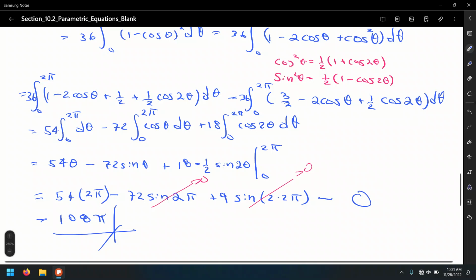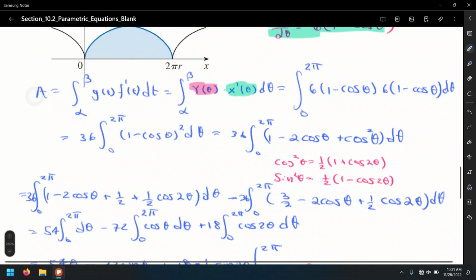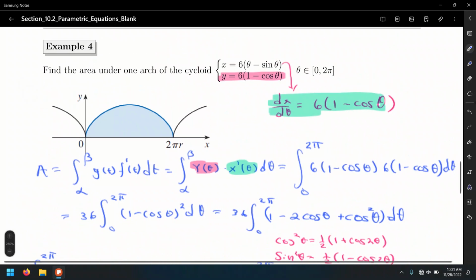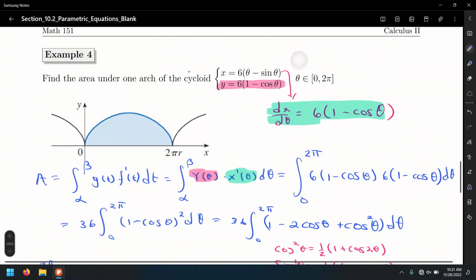And well, what about this function that we just integrated over? So this is the graph. It's actually called a cycloid. It's a periodic function, somewhat like the sine or cosine, but like the absolute value of it, if you will.